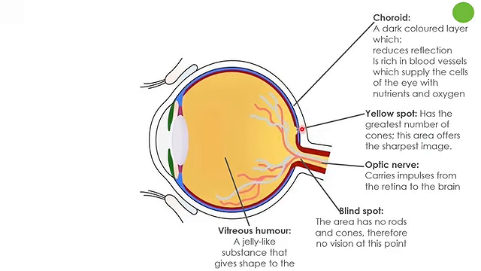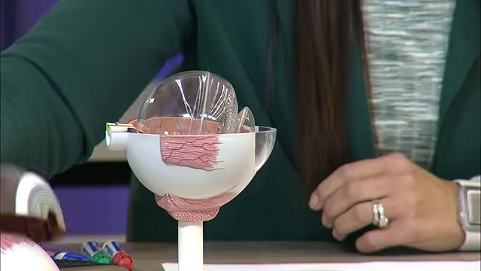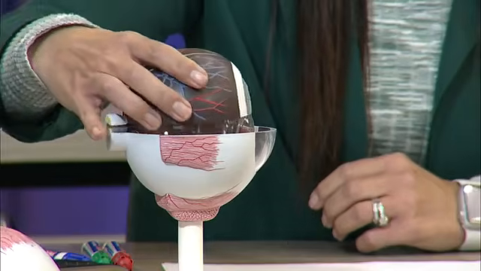Then we've got the choroid area, which is the dark colored layer, which reduces reflection, and it's also rich in blood vessels, which supply the cells of the eye with nutrients and oxygen. Now, if I go quickly to my model again, you remember that I removed this dark area.